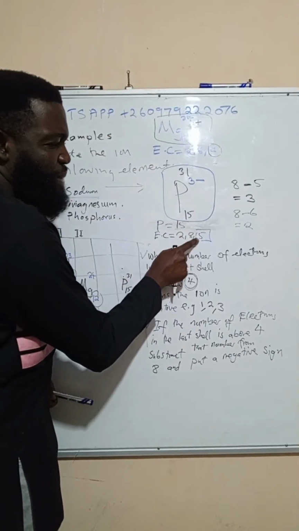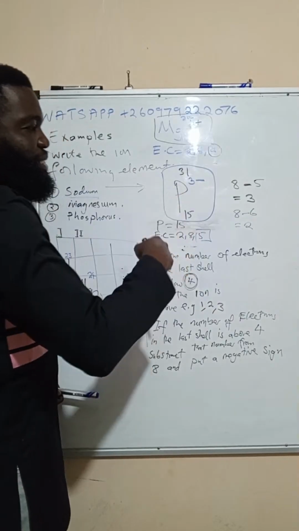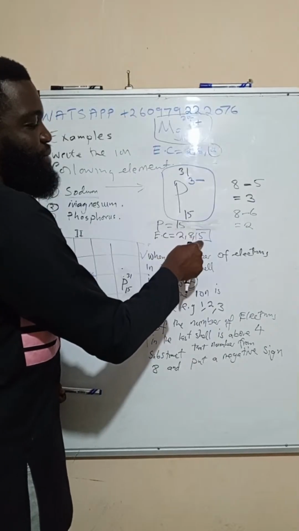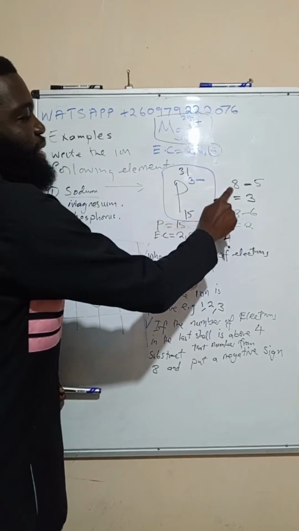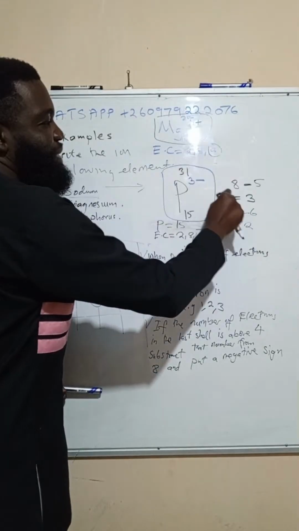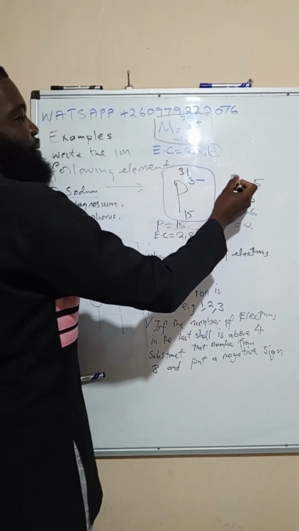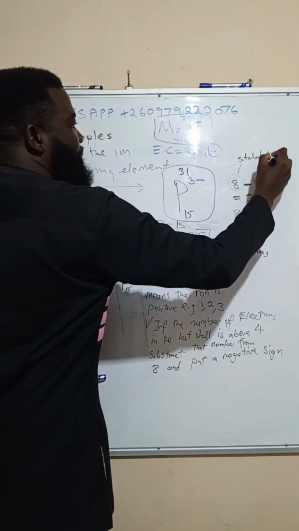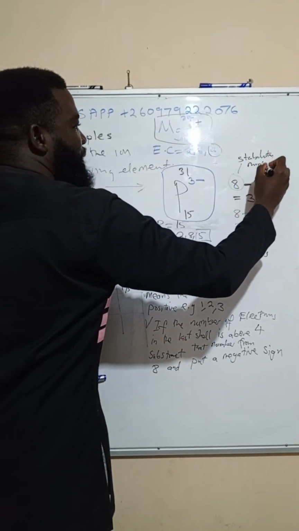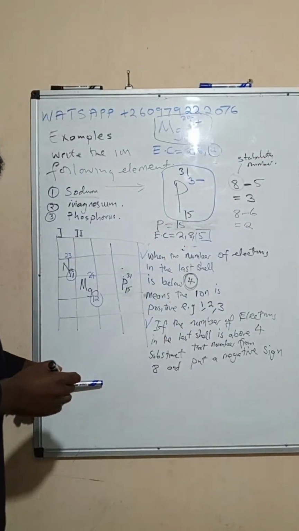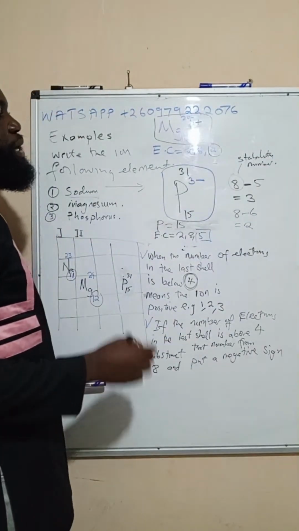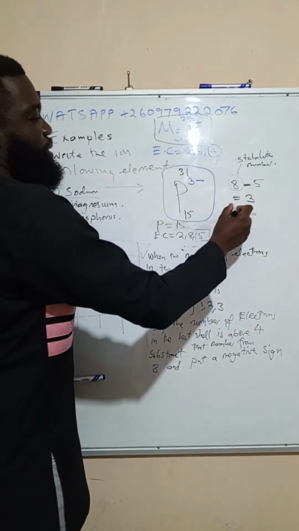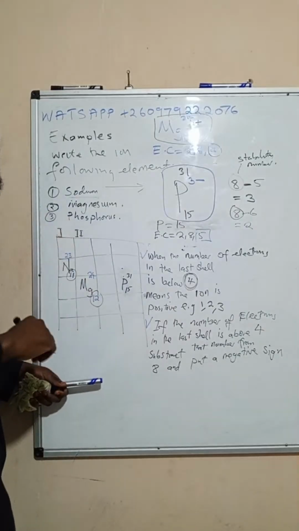If the last number here is below 4, write it the way it is and then put a positive sign. But if the last number is above 4, for example 5, 6, 7, and 8, you subtract from 8, which is the stability number. So don't say, sir, where is 8 coming from?